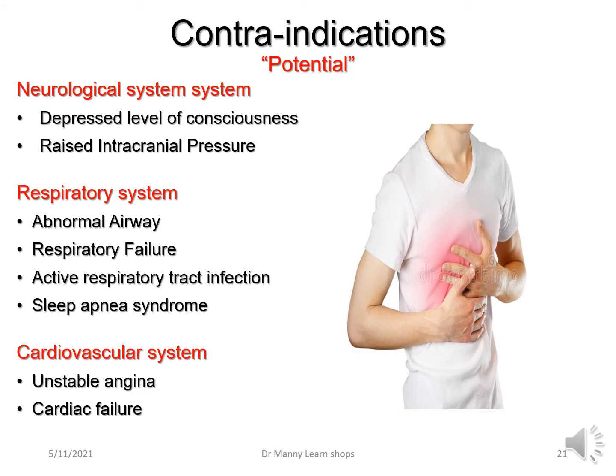You may have a history of cardiovascular disease. A lot of adults have got cardiovascular disease, and one of them could be related to the heart. Unstable angina, cardiac failure. However, it depends. You may have a patient now with unstable angina, for example, that requires a coronary angiogram, and this will probably require procedural sedation, because with a coronary angiogram, the femoral artery has to be punctured.